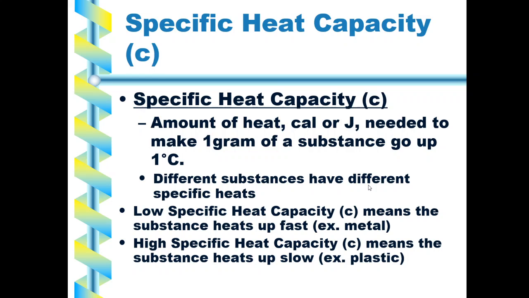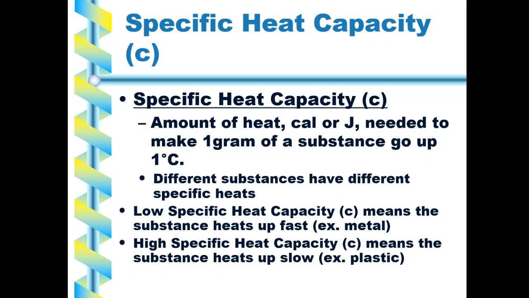If I put a piece of metal and a piece of plastic outside in the middle of summer, 115 degrees, the metal's going to get a whole lot hotter faster than the plastic. That's because it takes less energy to get the metal to heat up, okay? So it takes fewer joules to heat up a metal. It takes more joules, or energy, to heat up a plastic, okay?